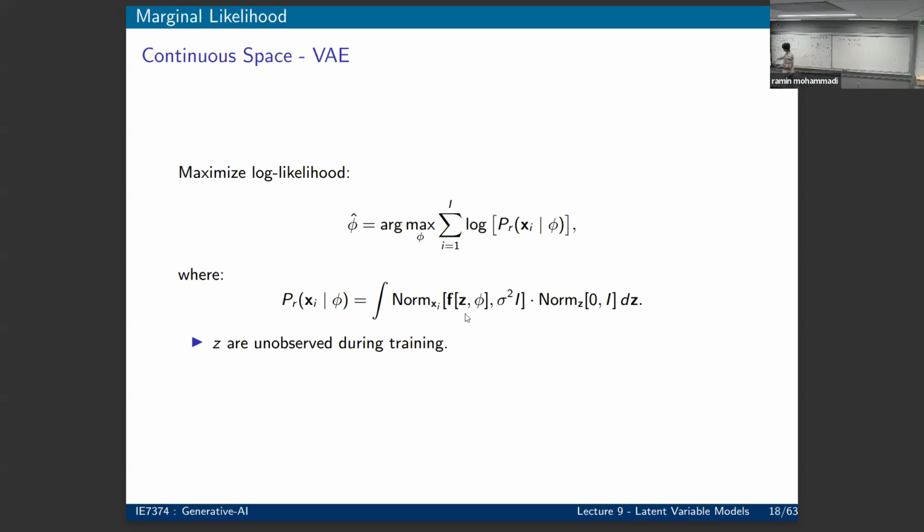Here we show it as probability of X given Z times probability of Z. Probability of Z, as we said, is a Gaussian with mean 0 and variance I. And for the probability of X given Z, the mu comes from this neural network, and the variance is technically fixed across all of those.